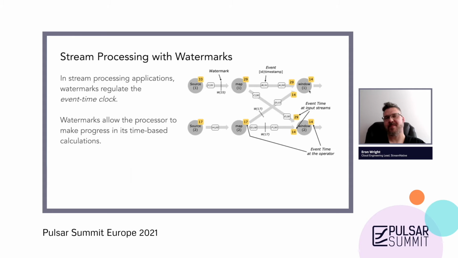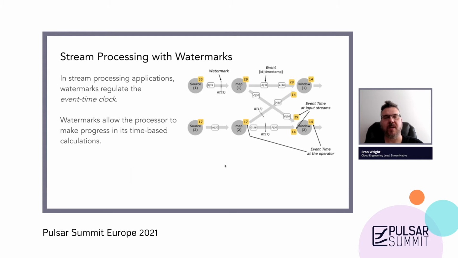This diagram tries to show that in action. For example, these yellow boxes depict how a watermark flows in line with events, and as these events and watermarks flow through a pipeline, each operator has a clock of its own, and the inputs that come to that operator determine, regulate or advance that clock.